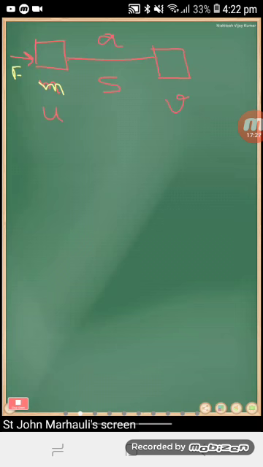When we apply the force, it produces an acceleration A, and because of the acceleration the velocity is going to change, and hence the new velocity will become v, and it covers a distance s from the initial position to the final position.